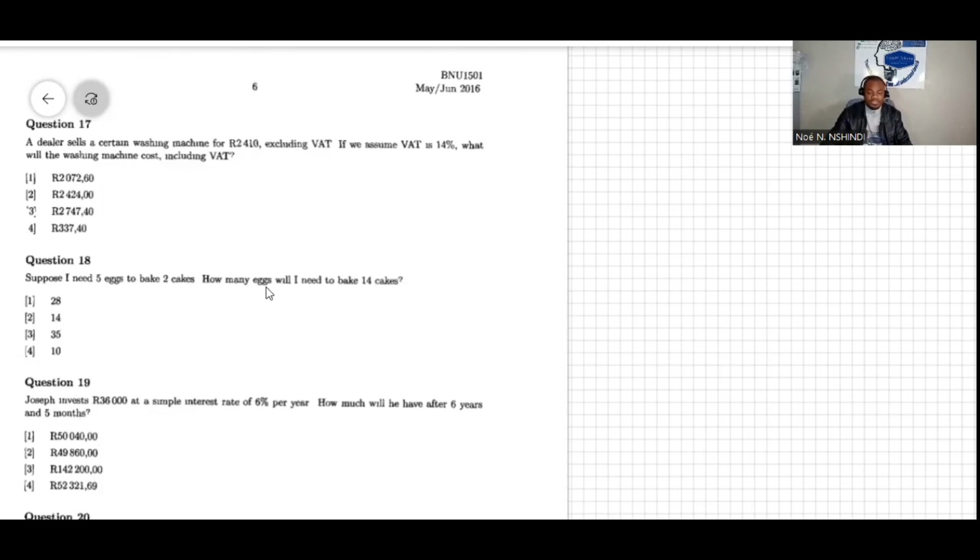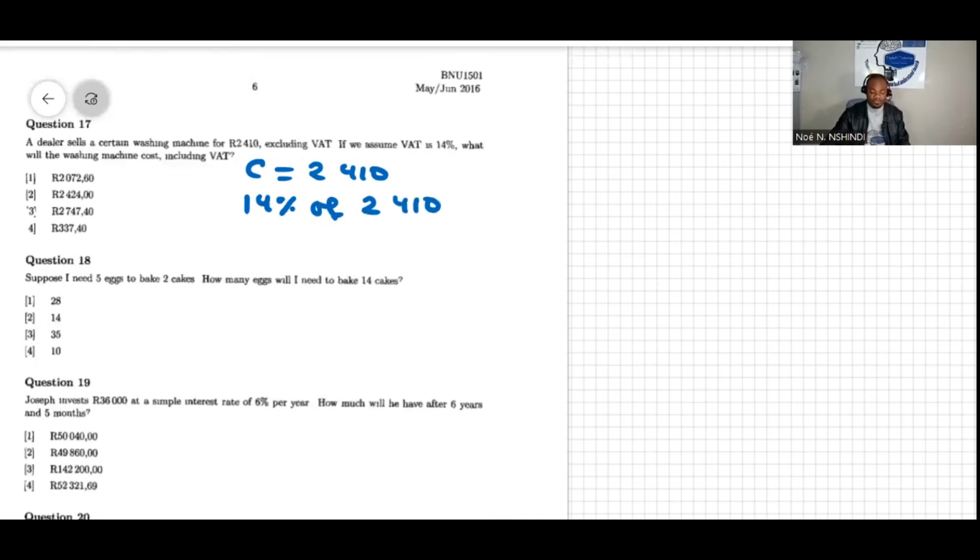So the cost of the washing machine excluding VAT is 2,410 rand. Now, if VAT is 14%, we need to find 14% of this amount. So 14% of 2,410.